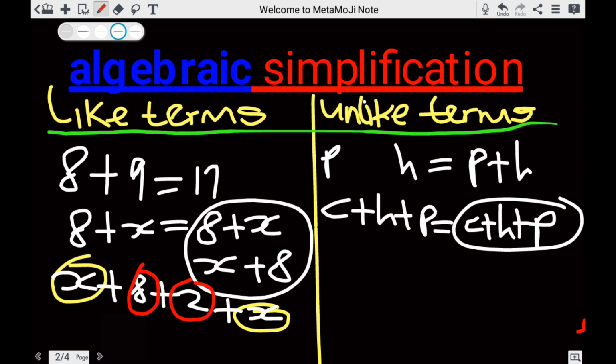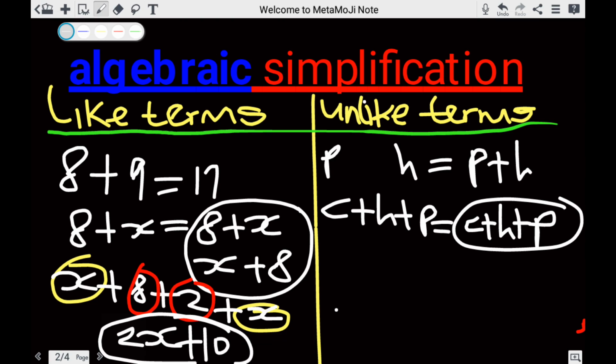So you can add 8 and 2 together because they are like terms, and add s and s together because they are like terms. You can write it as s plus s, which is 1s plus 1s, giving you 2s, plus 8 plus 2, which is 10. By the way, we're going to talk more about this in our next discussion.